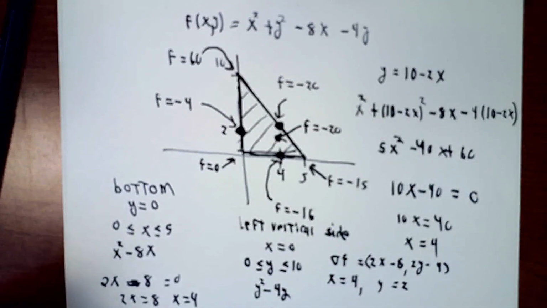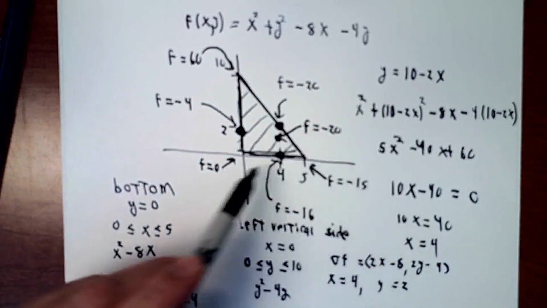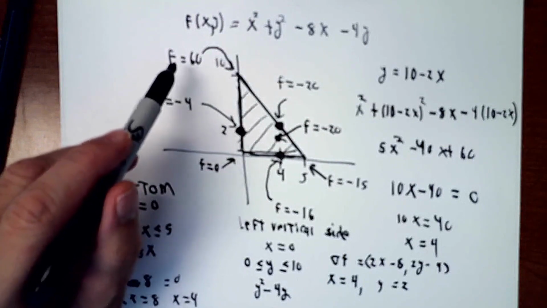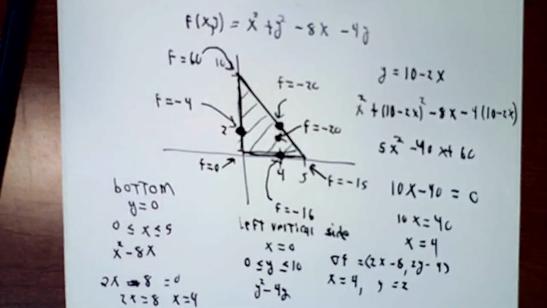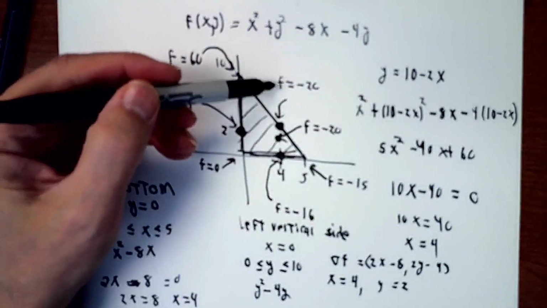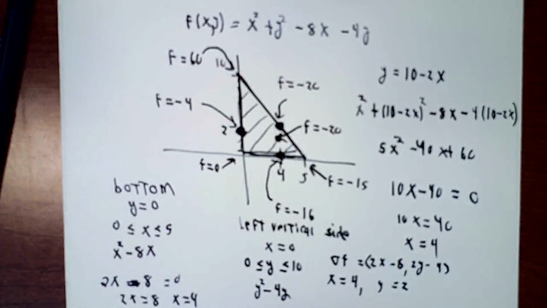If I look through all these function values and look for the biggest one, it looks to be 60. 60 is the absolute maximum function value here. Also, it looks like function value equal negative 20 is the smallest one, and that happens in two different places.